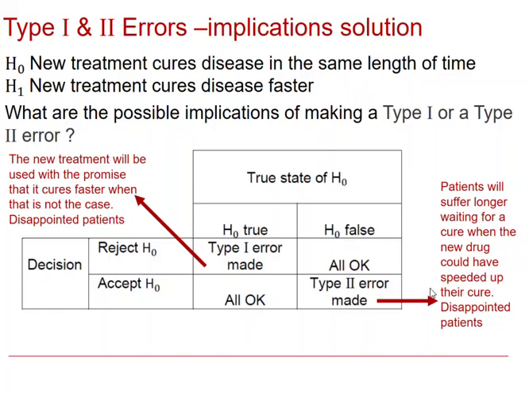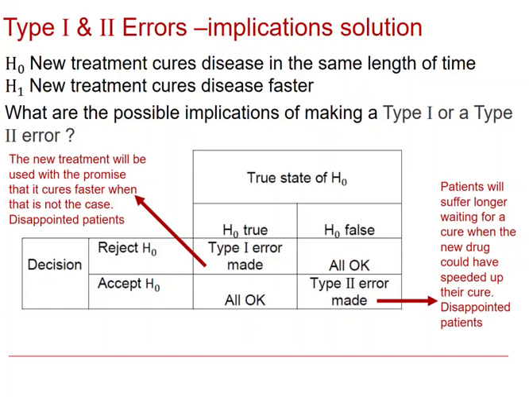On the other hand, with the type 2 error, the null hypothesis is false. The new treatment's actually faster, but we've accepted the null hypothesis, so we're not going to bring in the new treatment, so patients will have to wait longer using the existing treatment when the new treatment might actually have speeded up their cure. And either way, patients are going to be a bit disappointed.